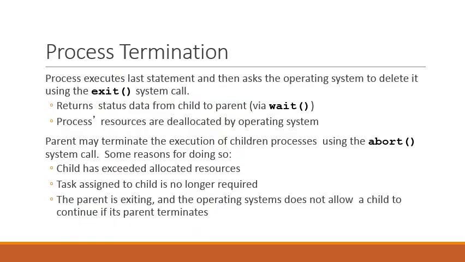Process termination. A process executes its last statement and then asks the operating system to delete it. That is, a process can inform the operating system that it has finished its execution, and thereafter the operating system can deallocate any resources that were allocated to this process.